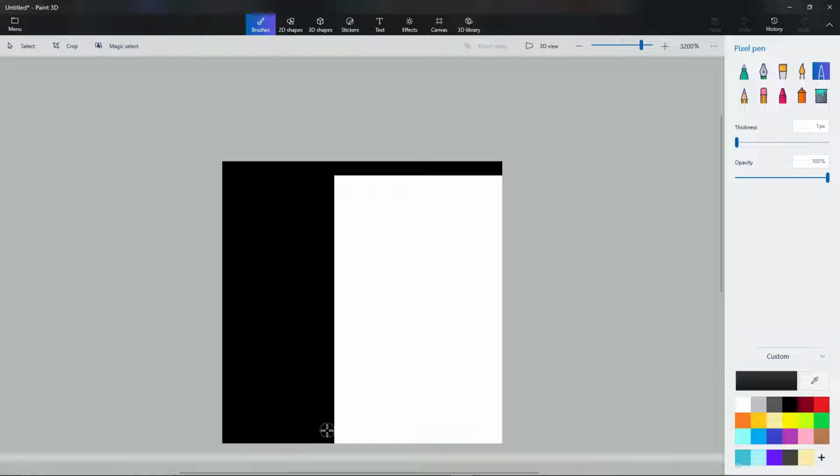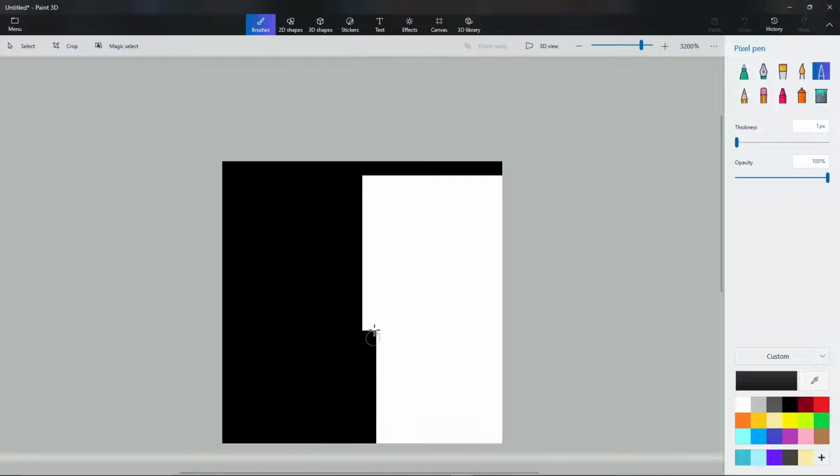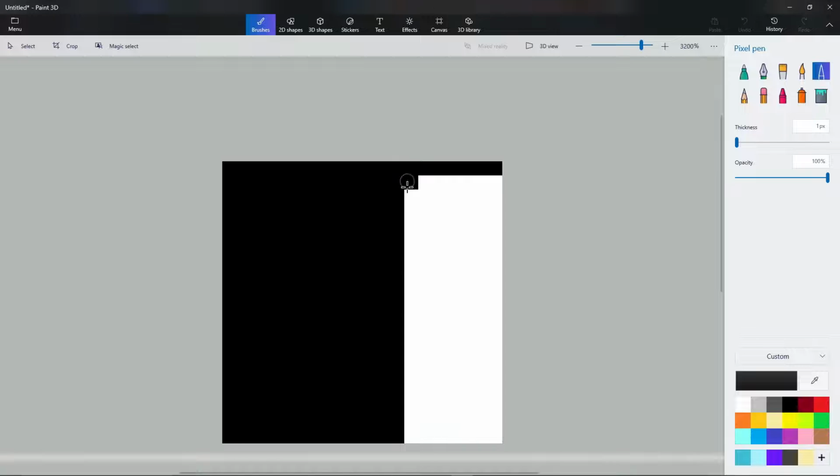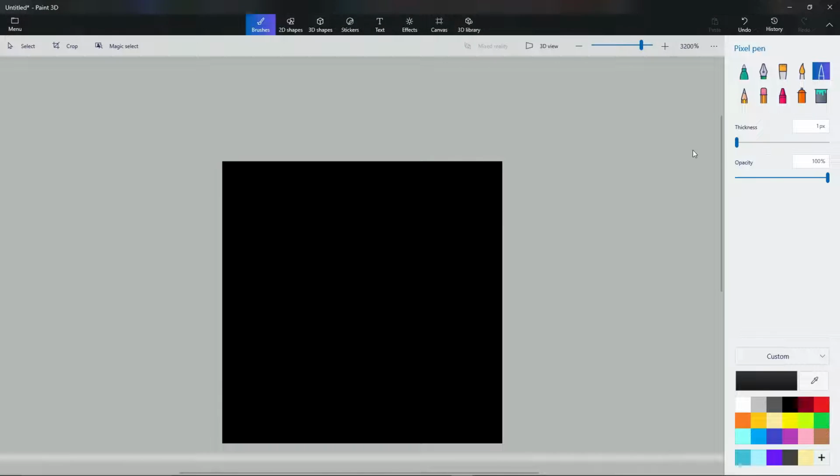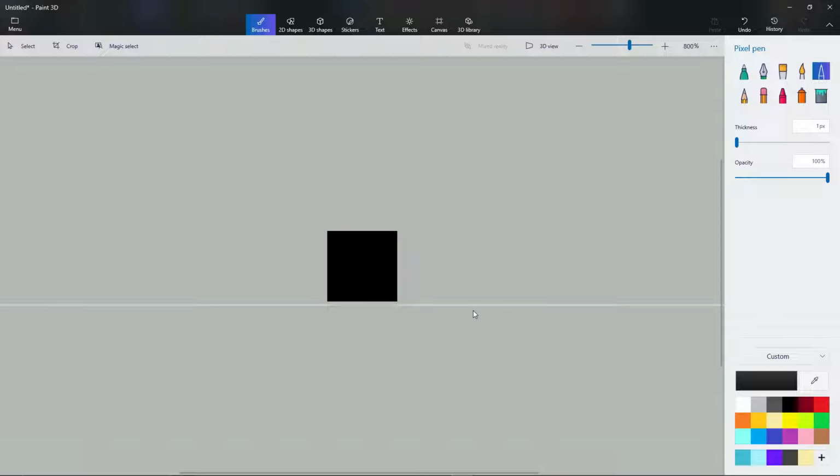This proves this is, in fact, a perfect square by eyes. Messing this up, but you get the idea, don't you? So let me just fill it in. Anyway, that's how this works.